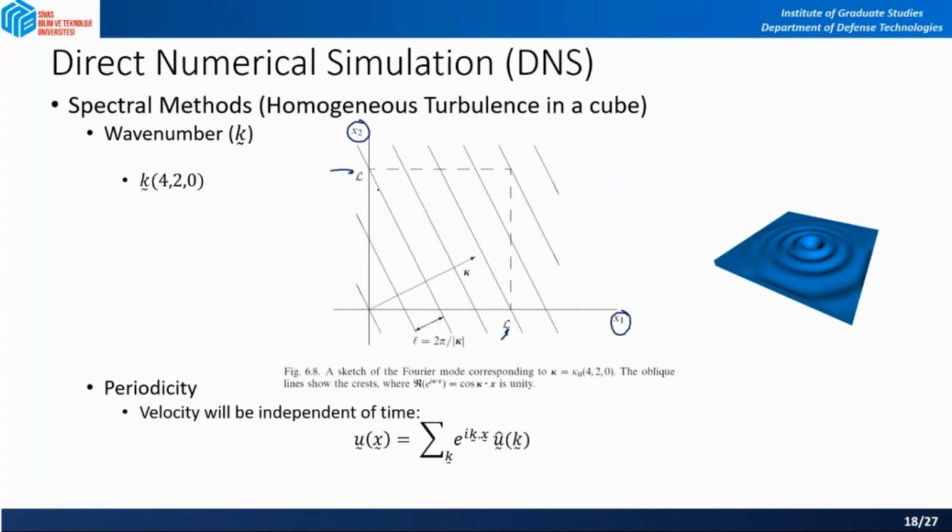And within this domain, I want to obtain homogeneous turbulence flow, as I said. So I have this square, and there is a two-dimensional wave that is sweeping this domain, like these waves that are traveling in the ocean, or in a lake or somewhere. So these are the two-dimensional waves.